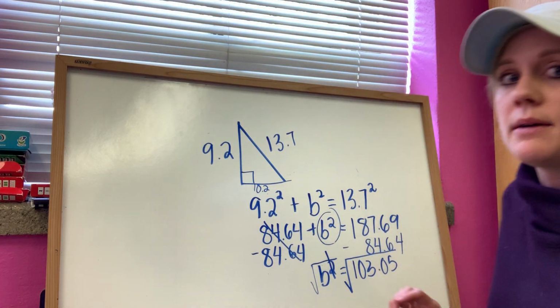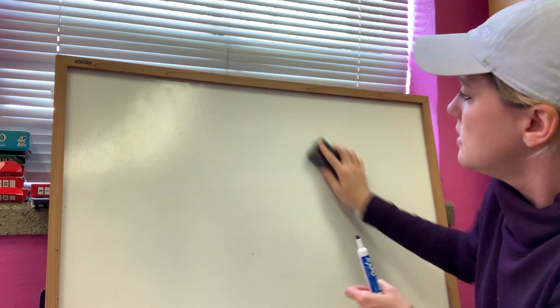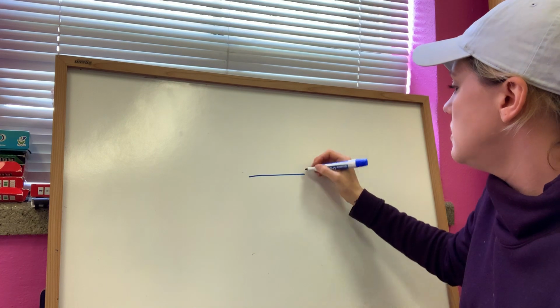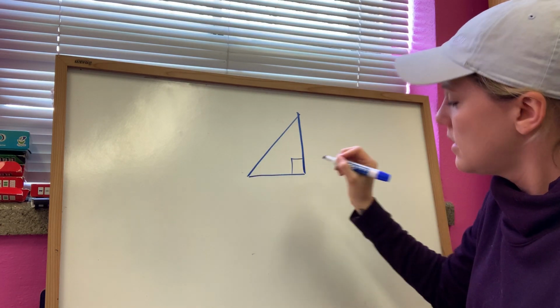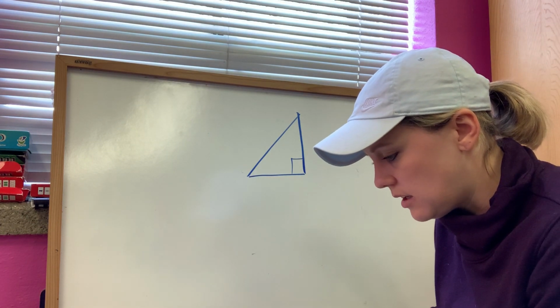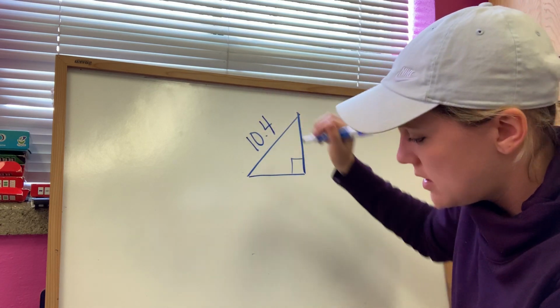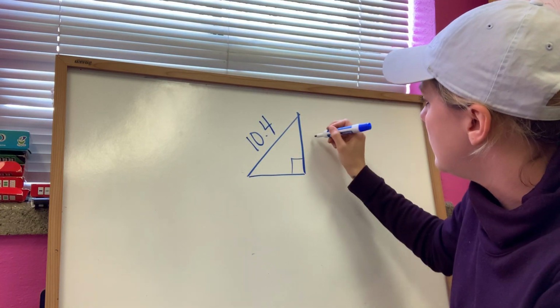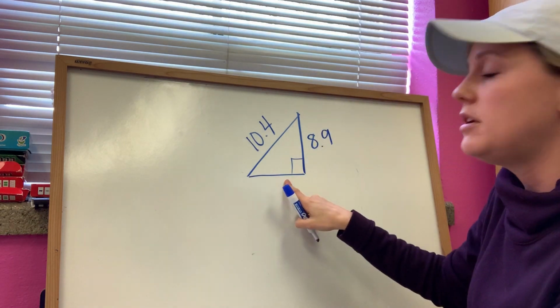Okay, let's do another example. Okay, so I'm just going to draw the picture and then I want you to pause it and try and solve it. Let's pretend this is 10.4 and let's pretend this is 8.9 and I want you to find what that is.